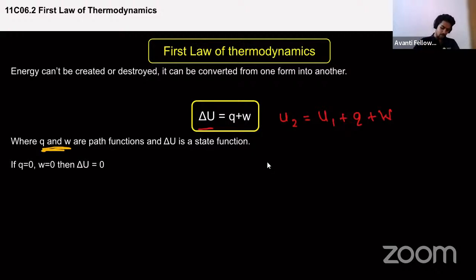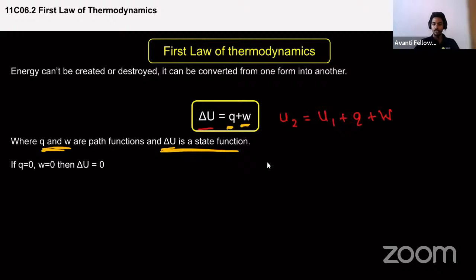But in case of a state function, that is delta U, it doesn't depend on the path you are choosing. It only sees whether you are attaining the final state. If you see in the formula, let's say you are keeping the work constant and only Q is changing. Only the heat of the system is changing. Or let's say you are keeping heat constant, that is Q constant, and you are doing some kind of compression or expansion work.